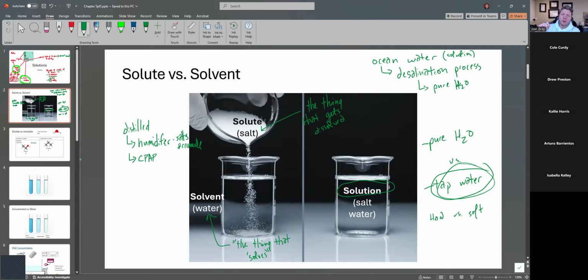Nevertheless, whenever I think of a soda or something like that, I think, okay, what's my solvent? Water. Water is still the solvent. Okay, what's my solute? Well, with a soda, there's not just a single solute. Instead, you're going to have things like caffeine might be a solute.